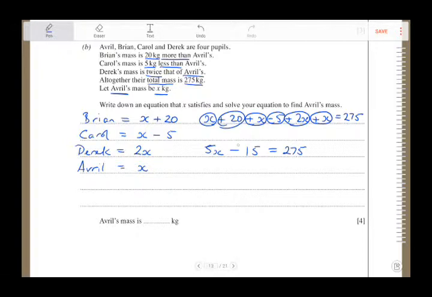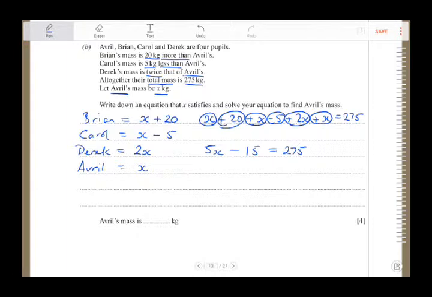I've got to get rid of the minus 15 and the times 5. The 5 in front of X is the last thing we get rid of. Because if I put this on a machine, or if you followed BIDMAS, X is multiplied by 5, then 15 is taken away, and that equals 275. If we're working backwards, we sort out the minus 15, and then we sort out the times 5.